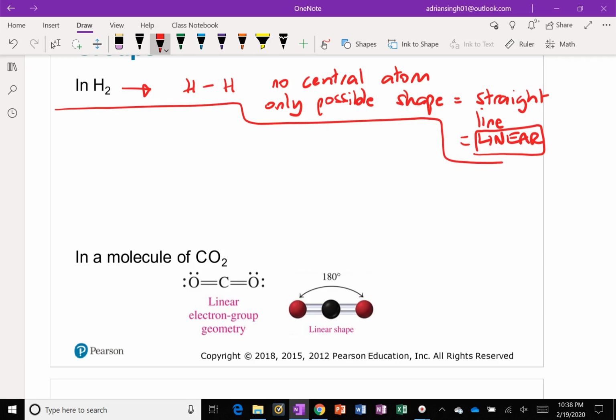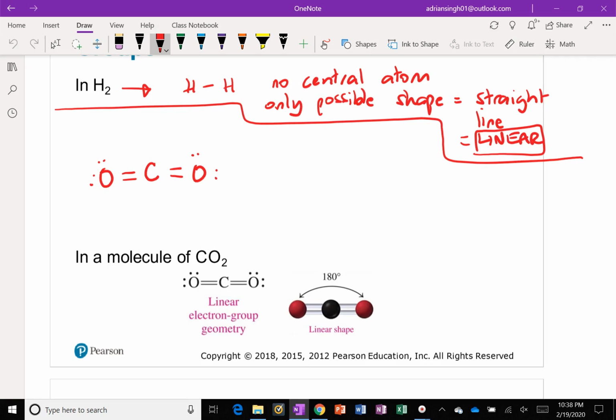In the case of CO2, carbon dioxide, we drew this in class as well as in lab, and we came up with a Lewis structure that looked like this, right? Carbon dioxide has C in the middle, surrounded by two oxygens, each connected by a double bond.